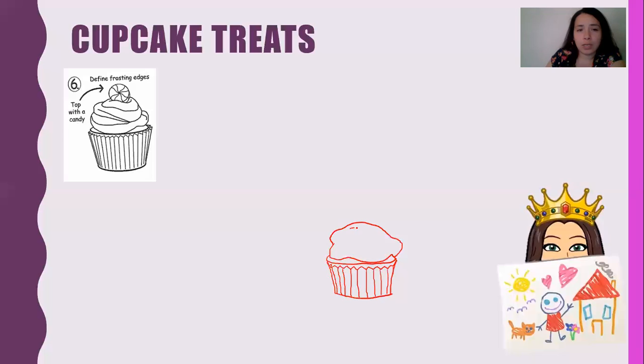So you might do just some curves like that, to make it look kind of like the frosting at the top. And then you might add your candy. You can add a candy like they do, or you can even add your own ideas.